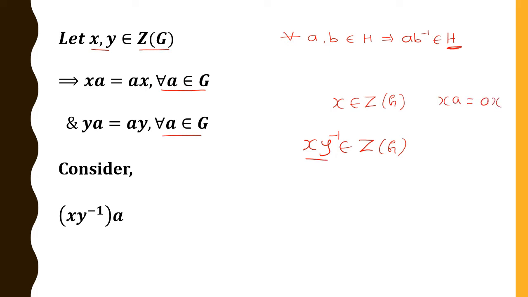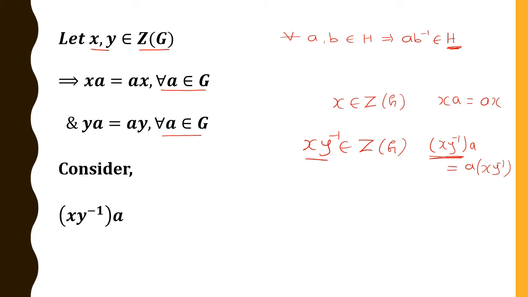So when we say XY inverse belongs to Z of G, XY inverse of A must be equal to A of XY inverse. Therefore, we shall consider the left hand side, that is XY inverse of A, and we have to prove that it is equal to A of XY inverse.